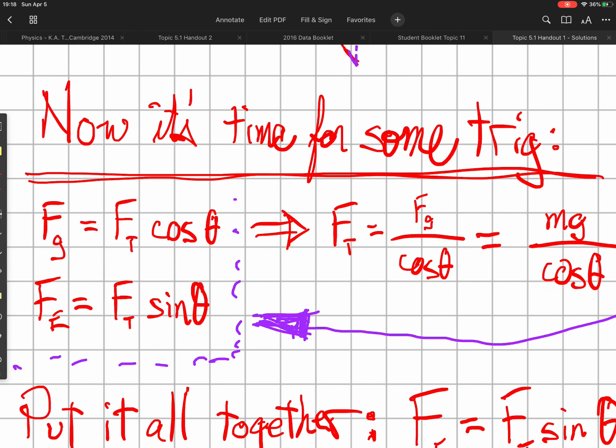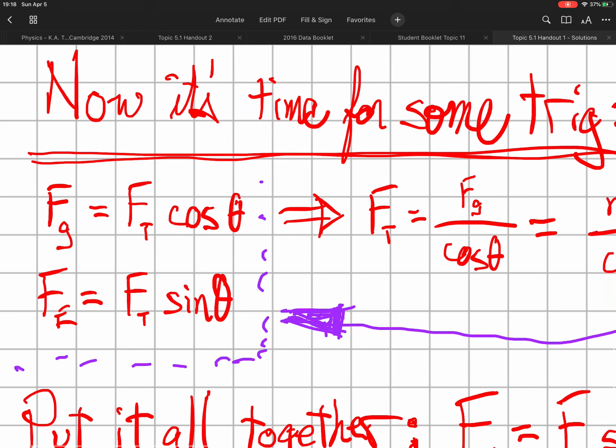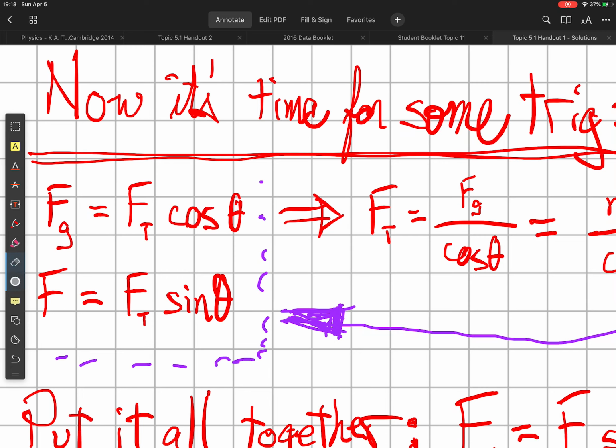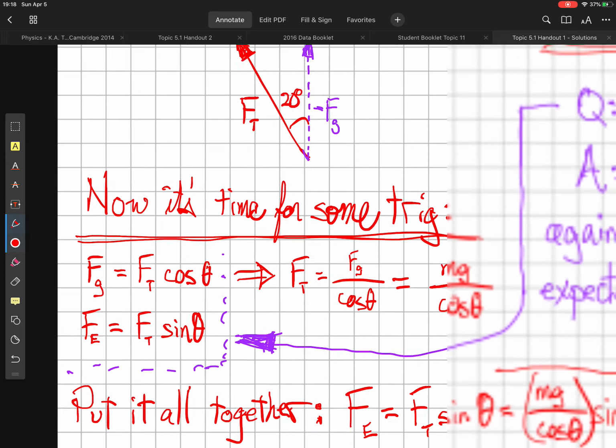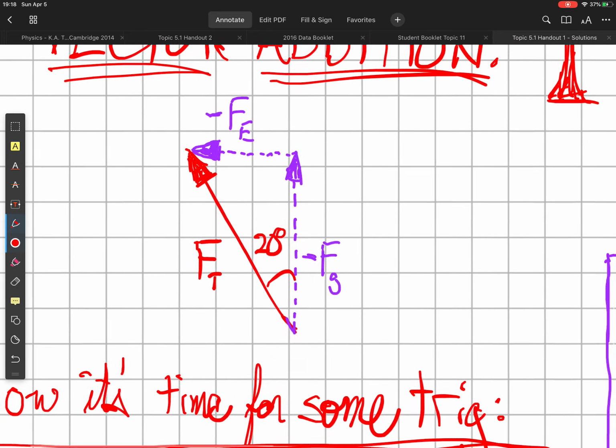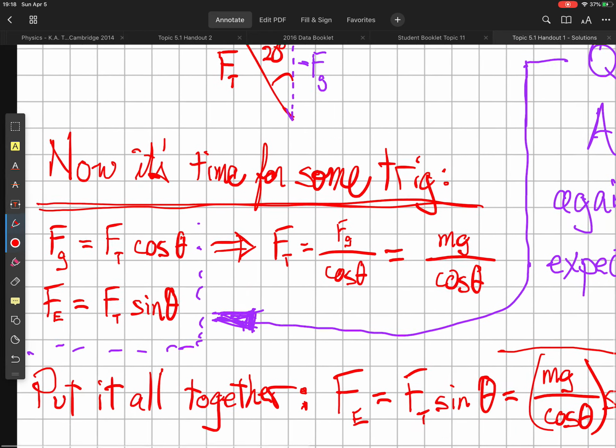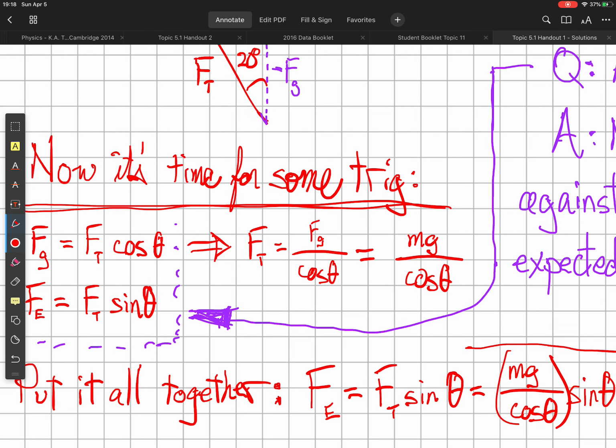Next, we need to find the electromagnetic force, which I've called F sub E. That is quite a messy E. Perhaps I can clean that up slightly right now. And that is equal to the force of tension times sine of theta. Okay, so when we look at this diagram carefully, you will see that that is the case. We'll talk about that in a second.